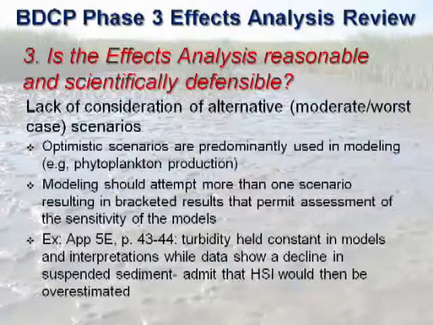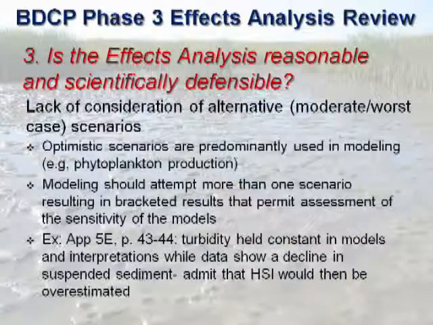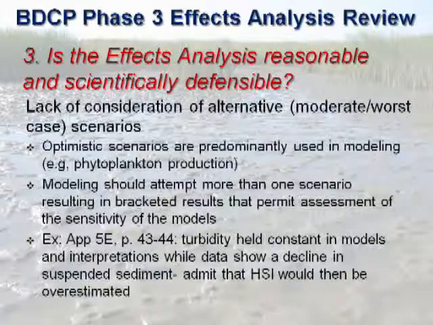So, for example, for food web models, looking at a pretty simple phytoplankton production model rather than looking at a range of scenarios, bracketing results. Another example, holding turbidity constant. So I think that was a general comment overall. There probably should have been more model bracketing with some of these ecosystem-based models.